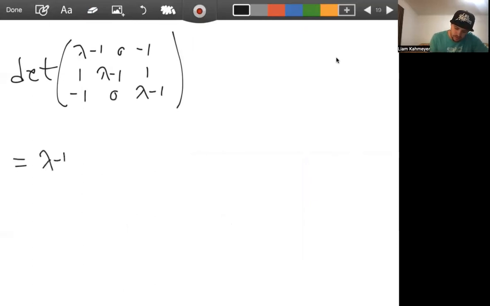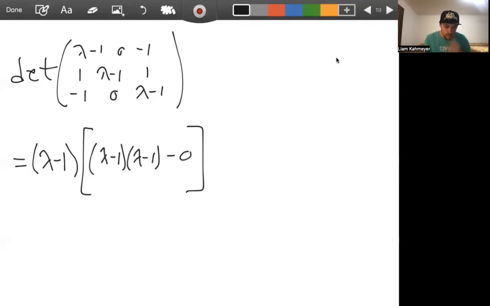That's lambda minus 1 times, and I'll do this the long way here. It's going to be lambda minus 1 times lambda minus 1 minus 0 minus 0 times, well, let's just write this out for the sake of practice, right?